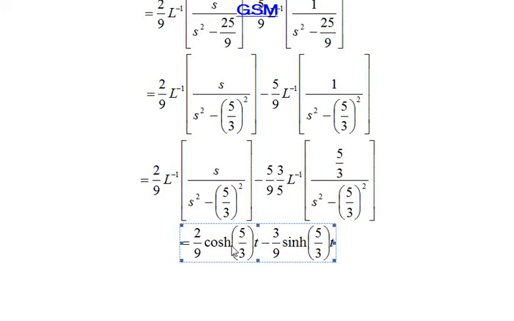So s by s square minus 5 by 3 whole square, the answer will be cos h 5 by 3 t, minus. Here 5 will be cancelled, remaining 3 by 9. This is in the format of a by s square minus a square. So the answer will be sin h. So this is the first question.